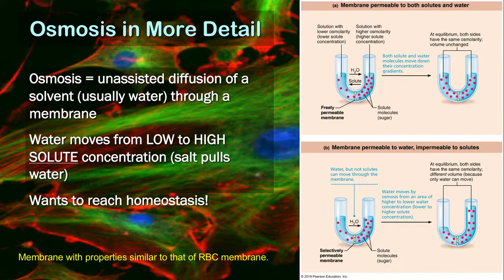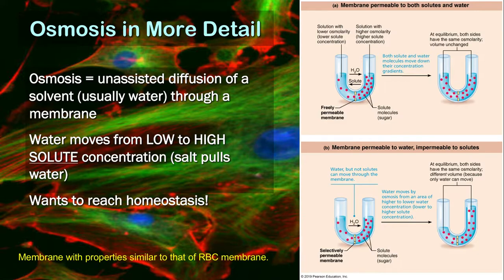On our picture, we've got 1, 2, 3, 4, 5 solute particles on side A, and we've got 12 solute particles on side B. So there are more solute particles over here on side B.